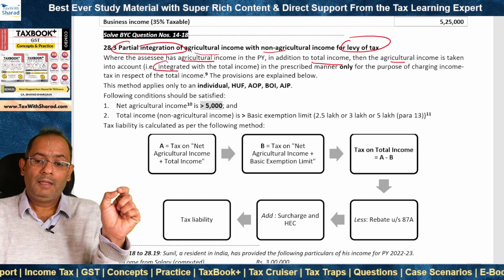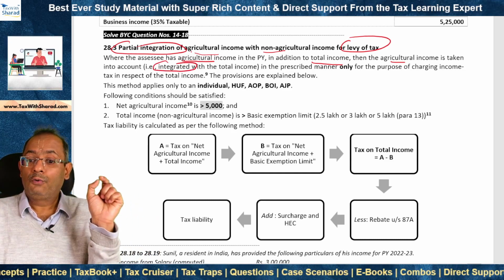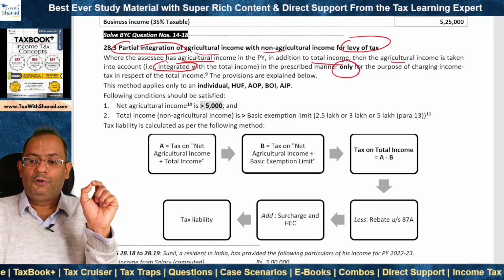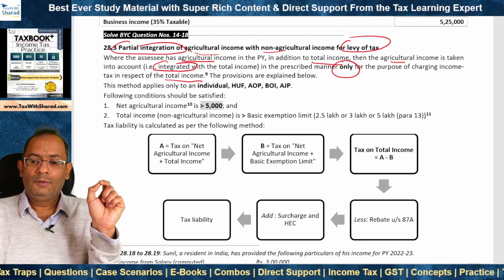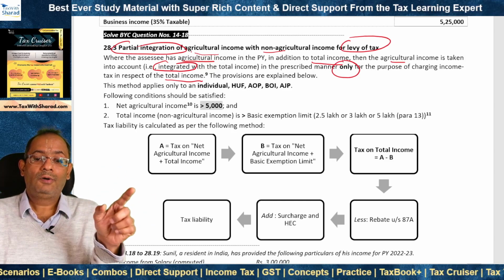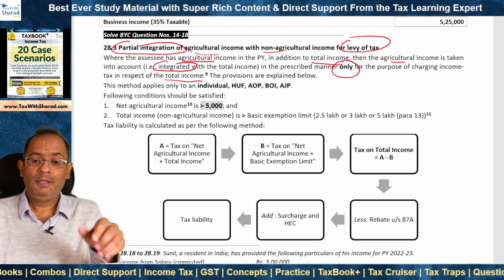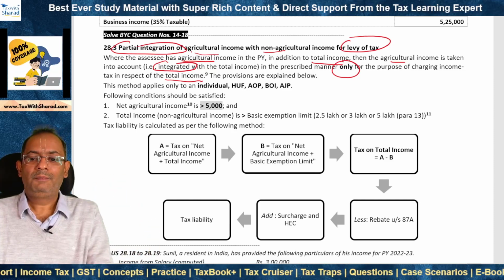That means it is integrated with the total income in the prescribed manner, only for the purpose of charging income tax in respect of the total income. Tax is not charged on the agricultural income, but for charging tax on the total income, which is the taxable income, agricultural income is supposed to be integrated in the prescribed manner.